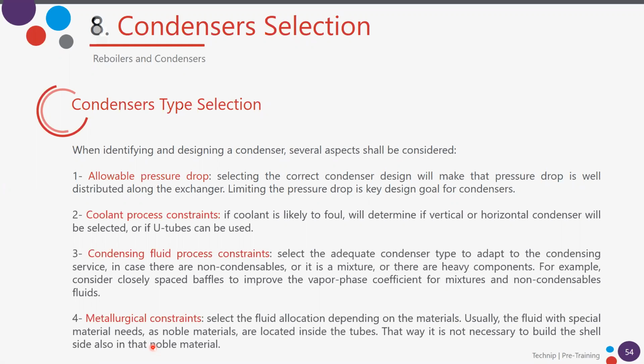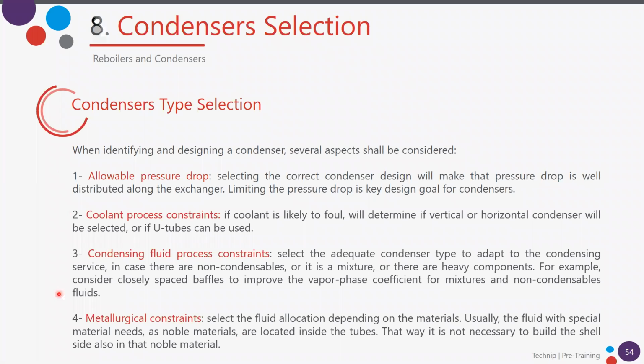That way, it is not necessary to build the shell side also in that noble material. So all the fluids that need special materials will be allocated inside the tubes.